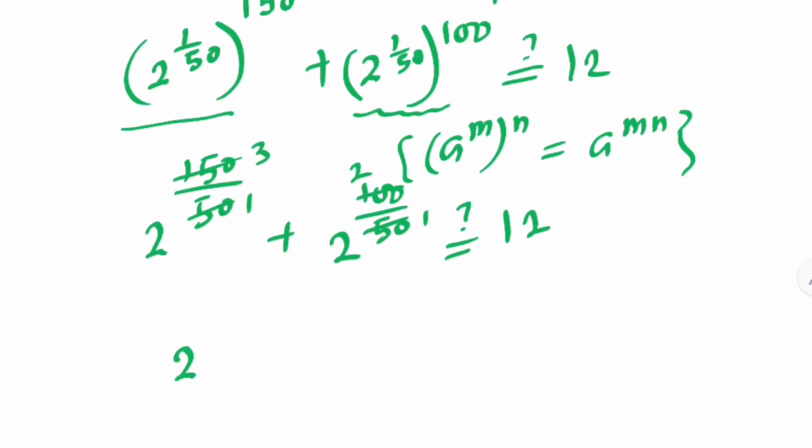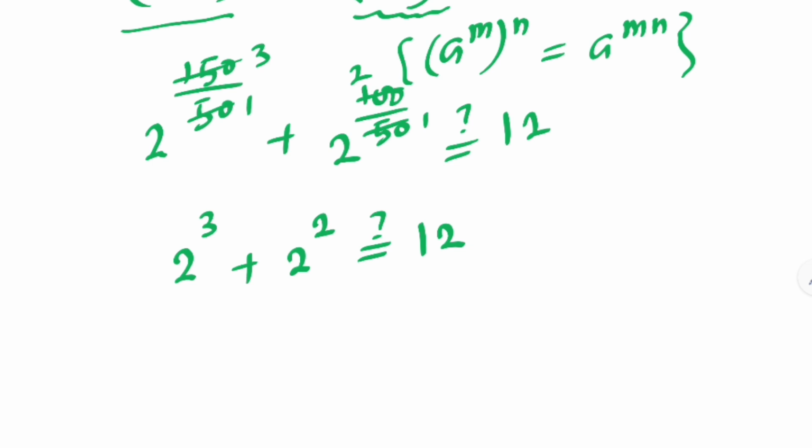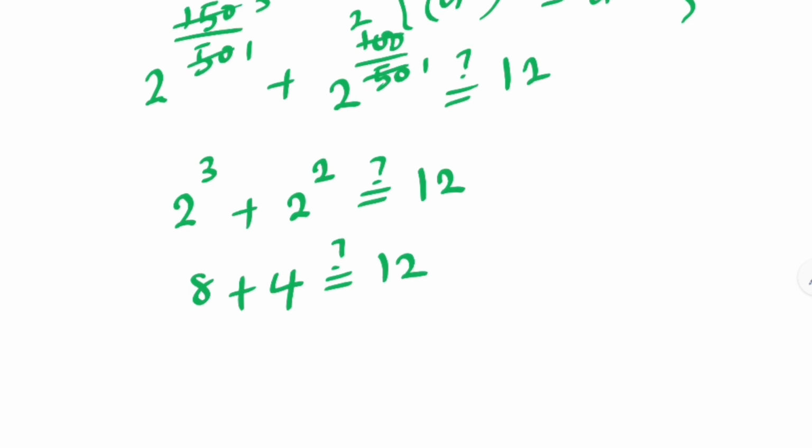Then we have 2 raised to power 3 plus 2 square must be equal to 12. 2 raised to power 3, this is 8, plus 2 square, 4, must be equal to 12. 8 plus 4, this is 12, is equal to 12, which is true.